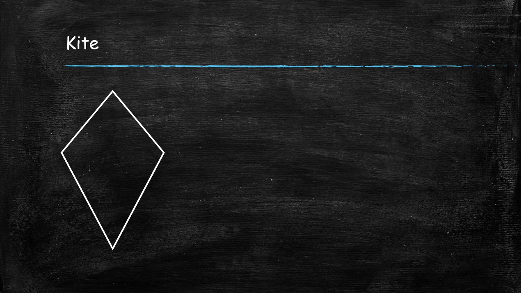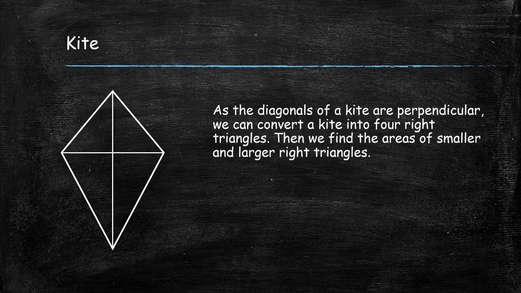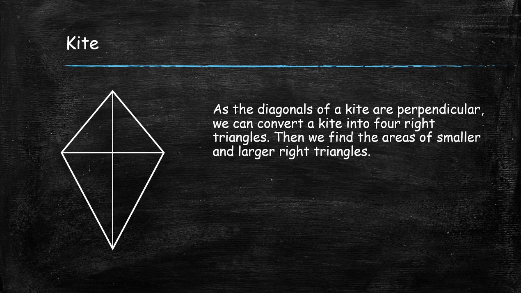Kite. So in a kite, when we draw the two diagonals, the longer diagonal is the perpendicular bisector of the shorter diagonal. As the diagonals of the kite are perpendicular, we can convert a kite into four right triangles. Then we find the areas of the smaller and the larger right triangles.